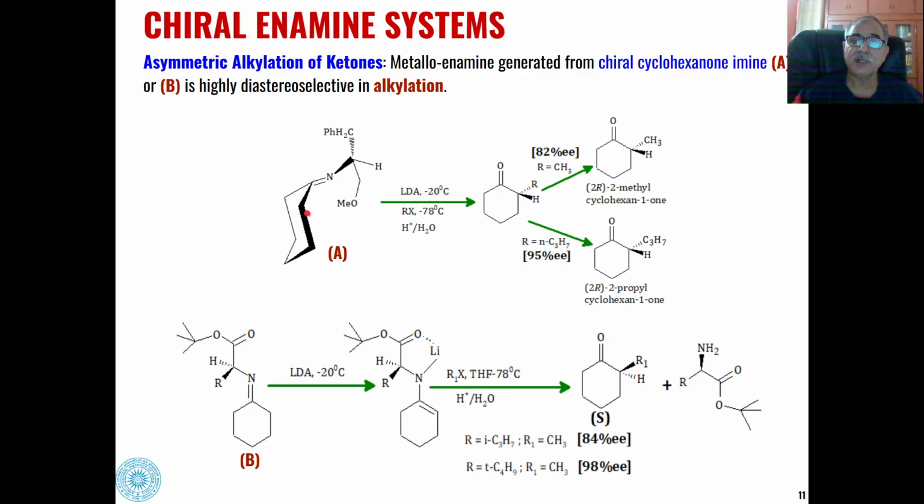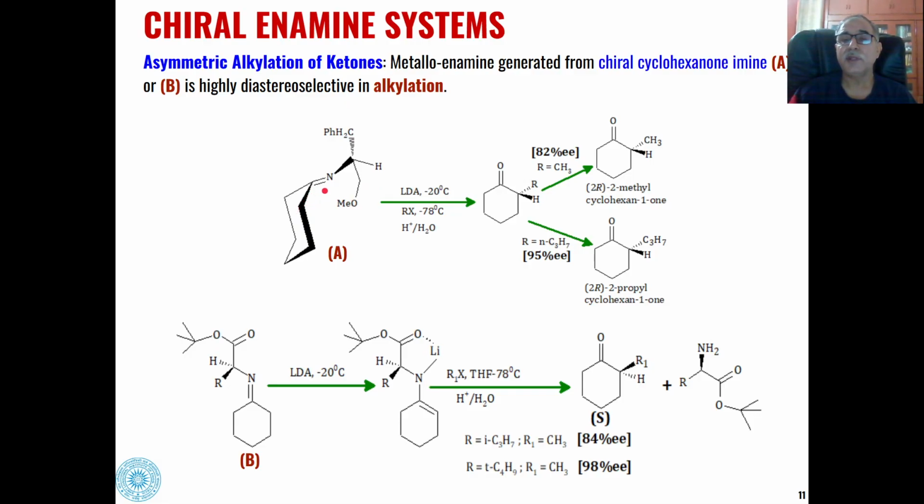These are symmetrical carbons. So enamines can be generated when these are reacted with strong bases like lithium diisopropylamide. So when lithium diisopropylamide reacts with these types of chiral cyclohexanonamines, they are converted into enamines.